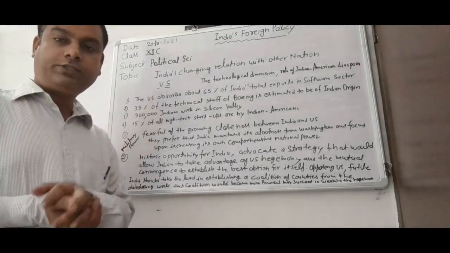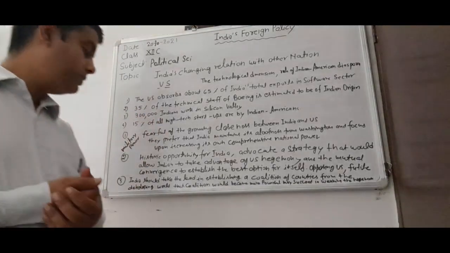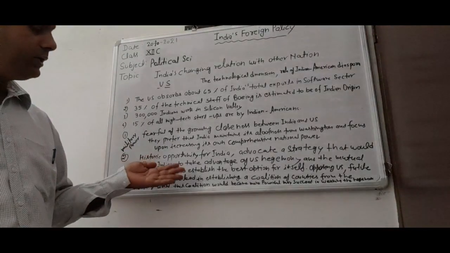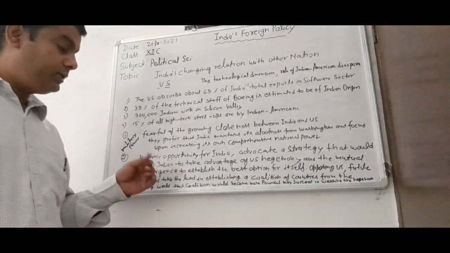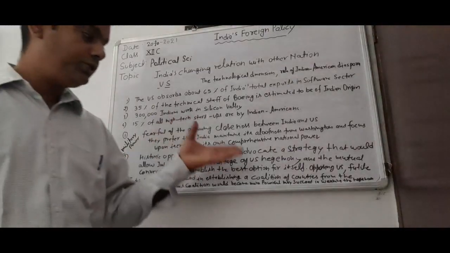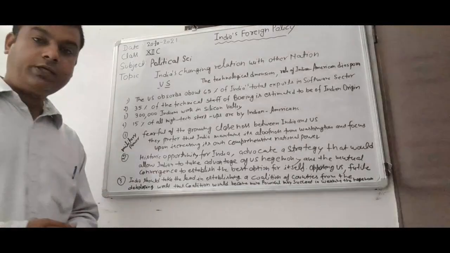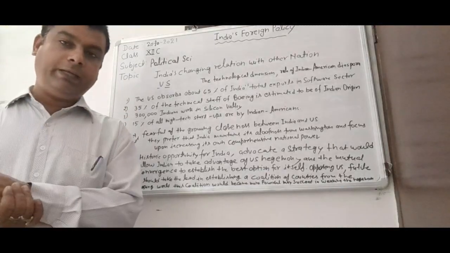The third strategy, the third group of people, was saying that India should take the lead in establishing a coalition of countries from the developing world. India should lead the developing countries.